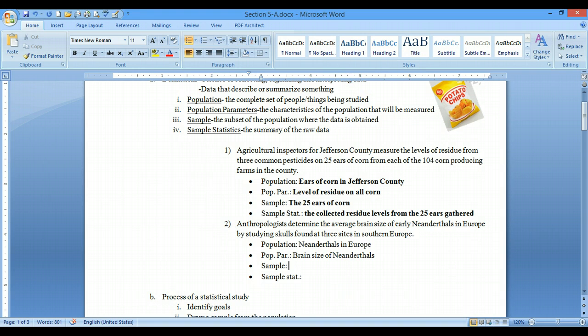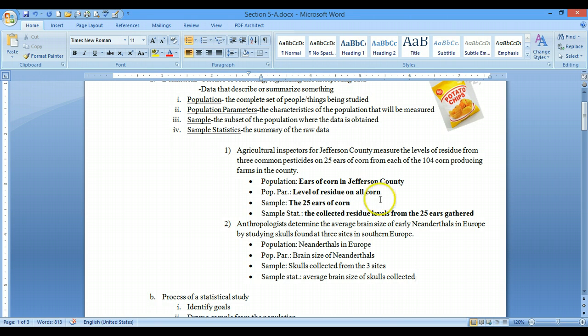The sample will be the skulls that we collect from the 3 different sites. And the sample statistic will be what we get for the average brain size of the skulls that we collect. There we go. Let's move on.